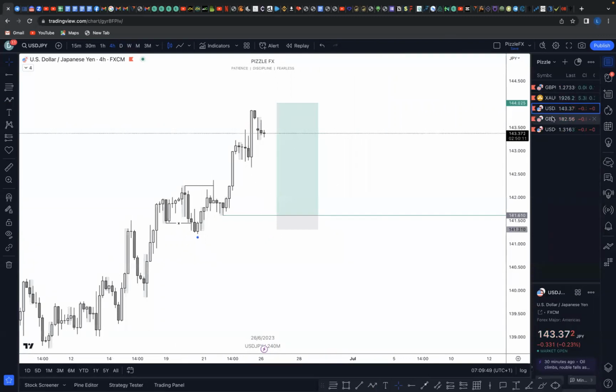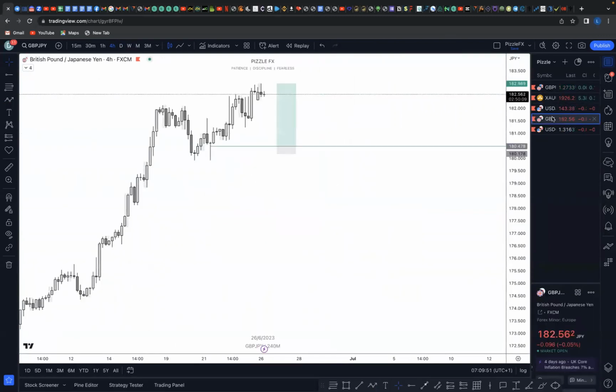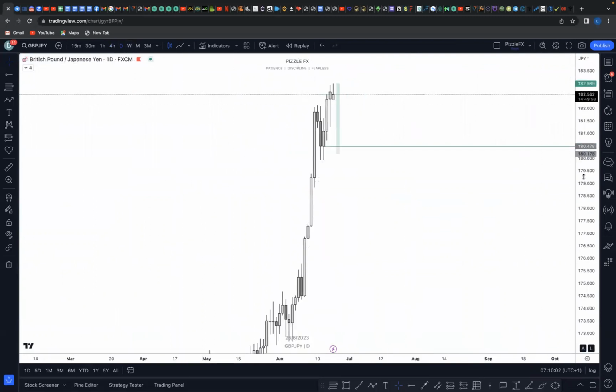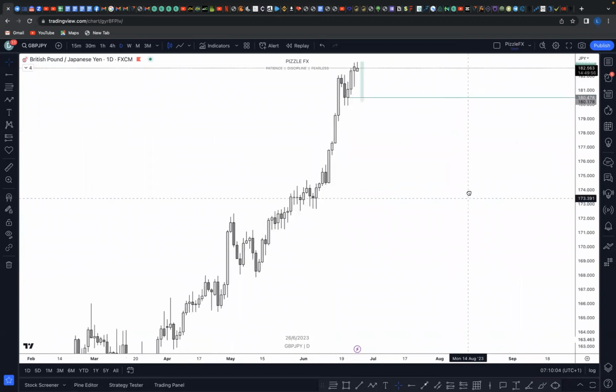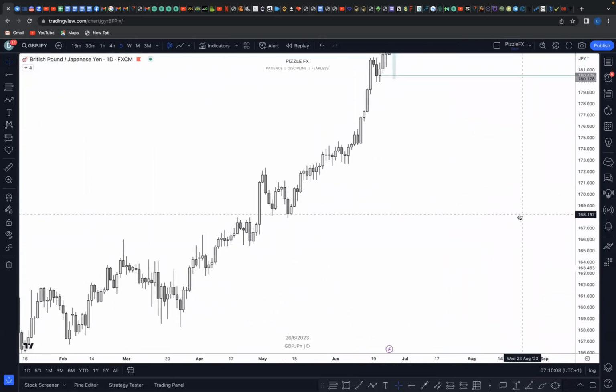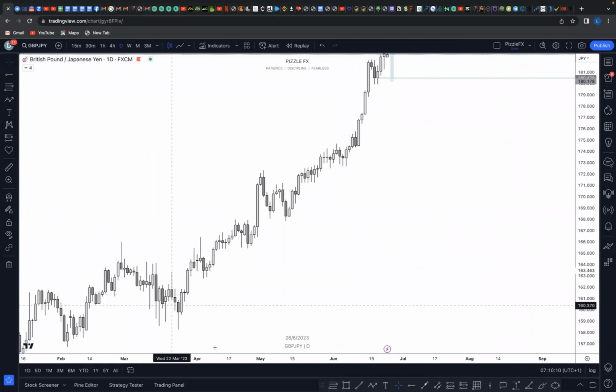Now, GBP JPY, same scenario. Why did I have my POI here? So I have stop on my break of structure. Now go back to why did I have my setup like this? You go to daily. You can see clearly on GBP JPY as well has been maintaining a bullish order flow. Pull back, we moved up.